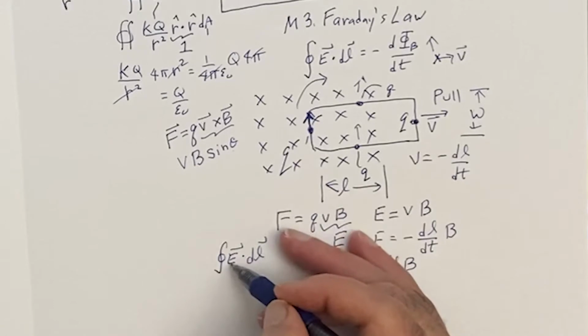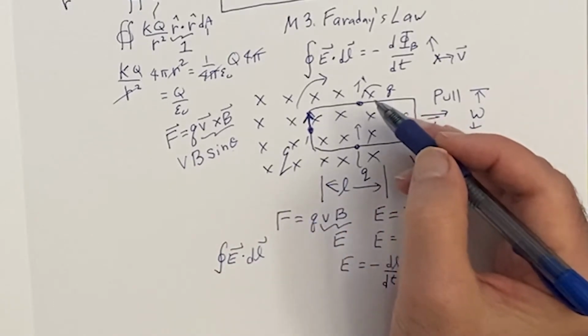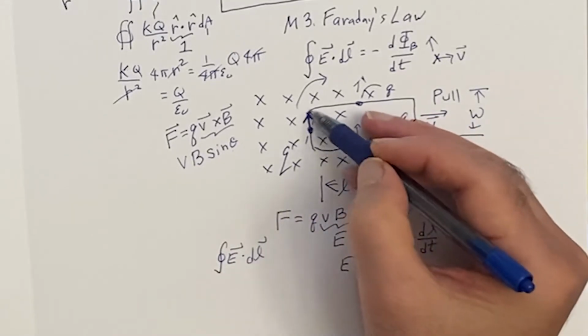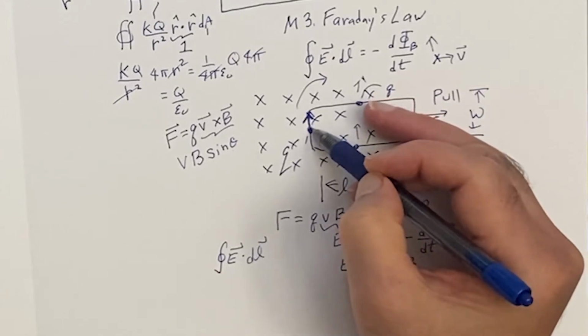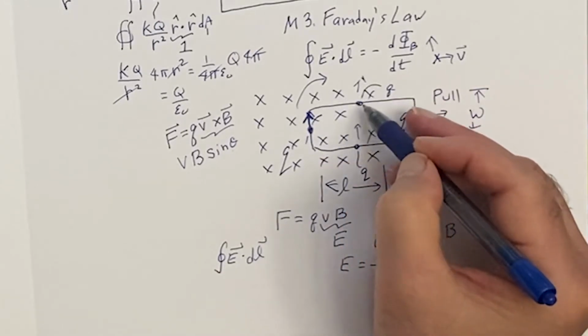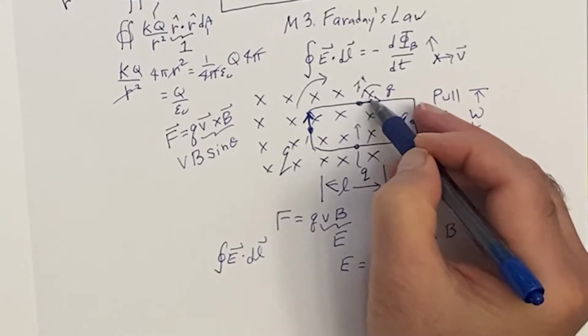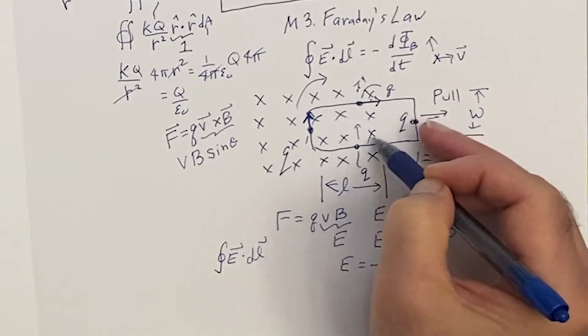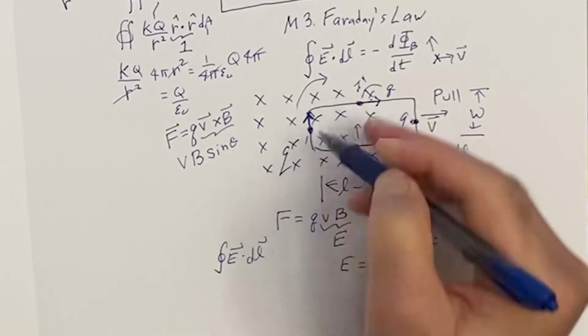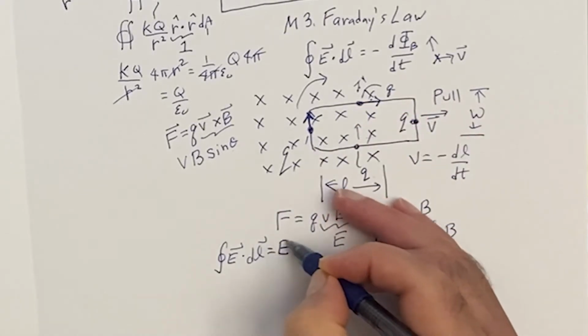Then this says take the electric field and dot it with dL. Well, the electric field is going to be up. Here, dL goes to the right, and you take a dot product that's perpendicular, you get 0. This is the only one you're going to get. So that's going to be E times the width.